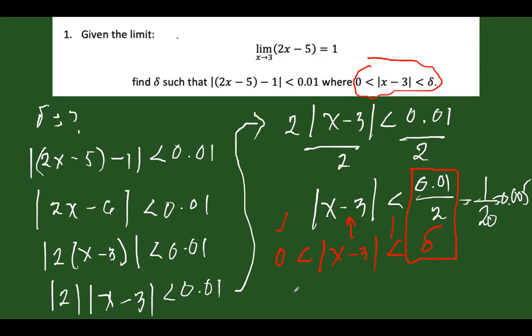So we can say that delta is equal to 0.01 over 2, or equal to 0.005. Since our problem is to find delta, we have already found delta, which is the value 0.005. All right, and I hope it's clear.